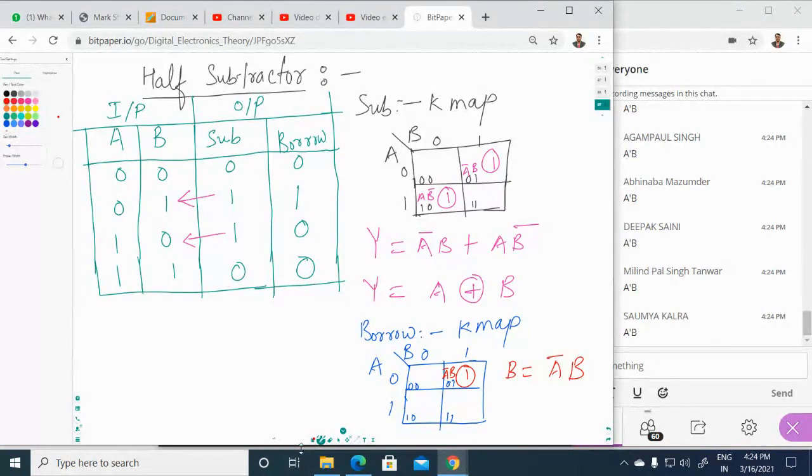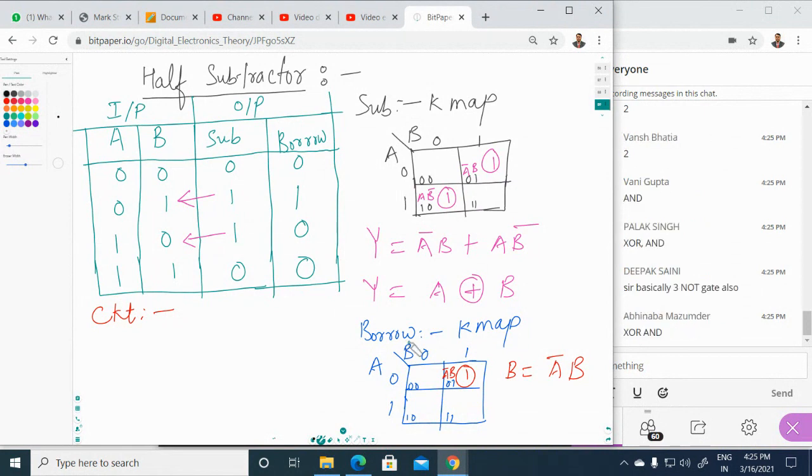So how many circuits do you require to complete this circuit diagram? How many circuits do you require to complete this half subtractor? Two. Yes. So what are those? One is XOR and another one is AND gate. The same two gates are required for this half subtractor.